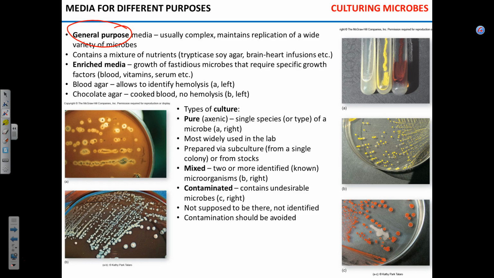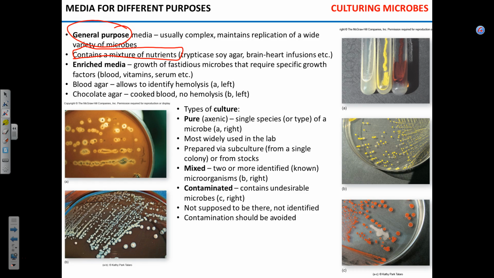All kinds of microbes. As a rule, general purpose medium is a complex medium because you want to provide that buffet selection of nutrients to microbes that you can potentially isolate.